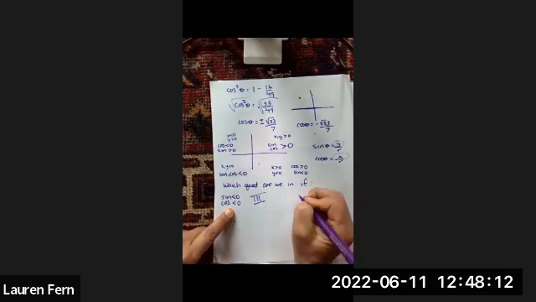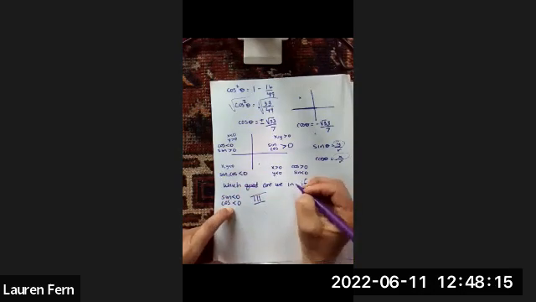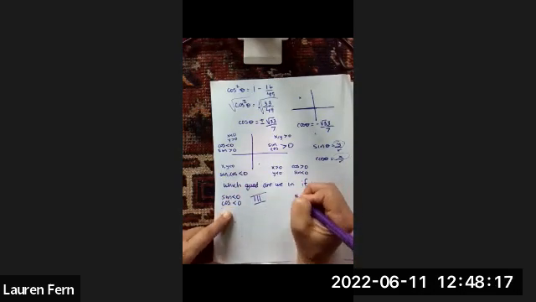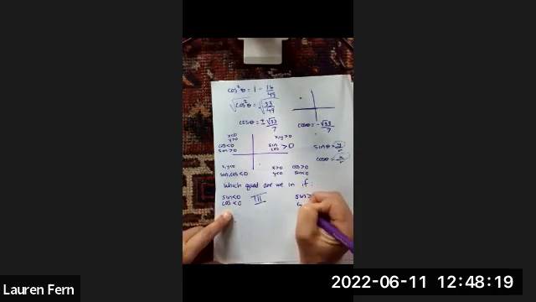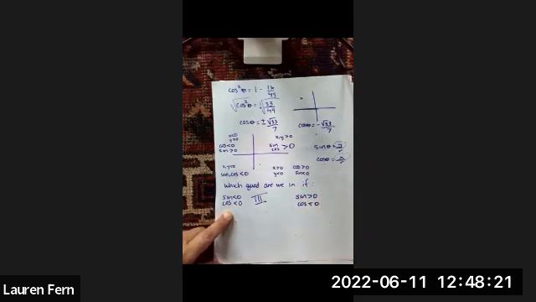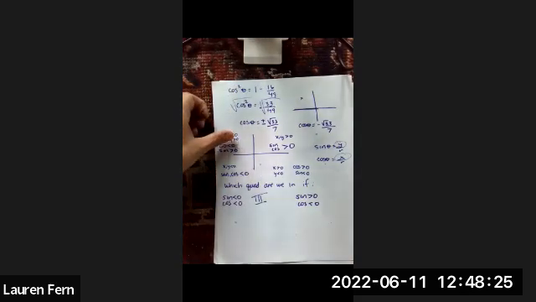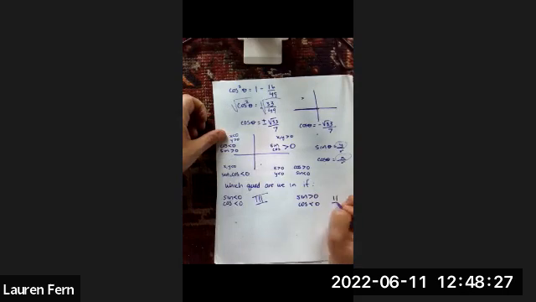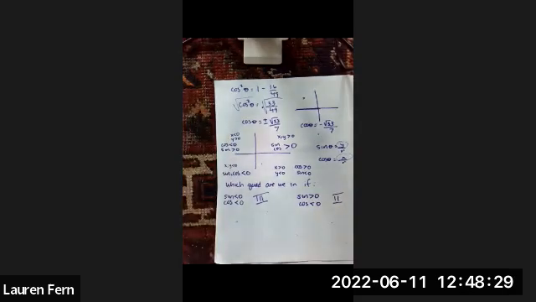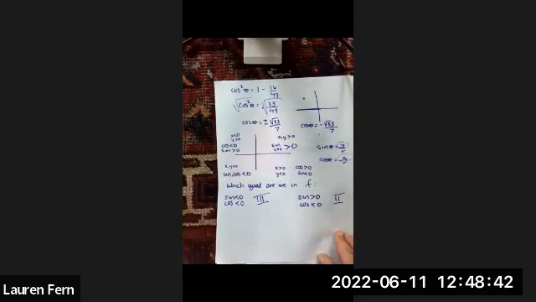What about if my sine is positive and my cosine is negative? Well, which quadrant has a positive y value and a negative x value? That would be quadrant 2. Okay. So just like we talk about the initial side and the terminal side, if we want to talk about a point, we call it our terminal point.